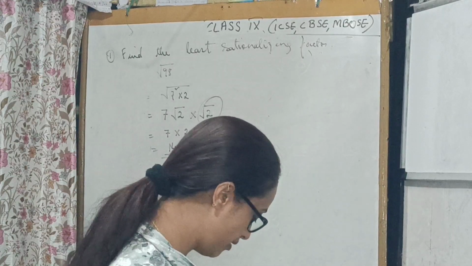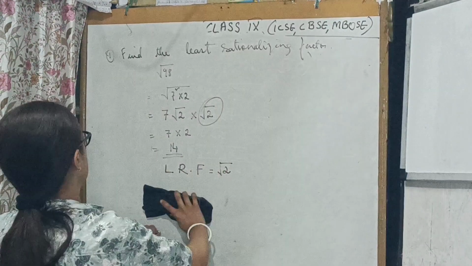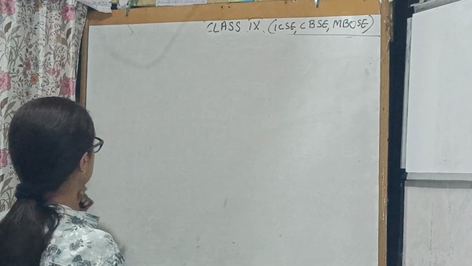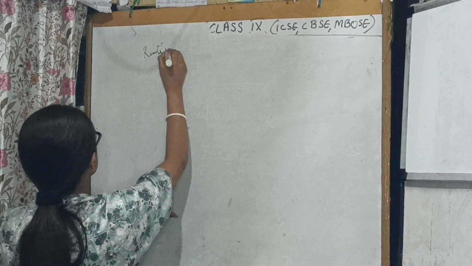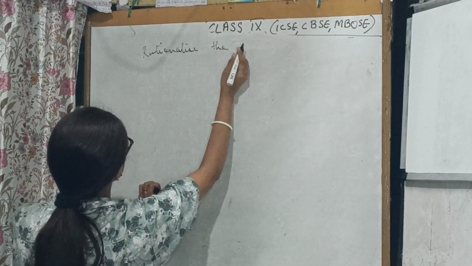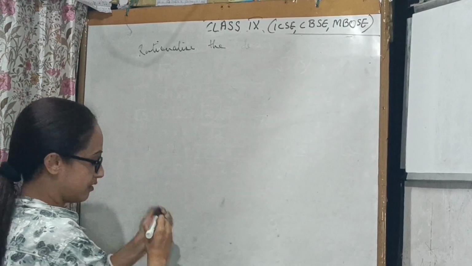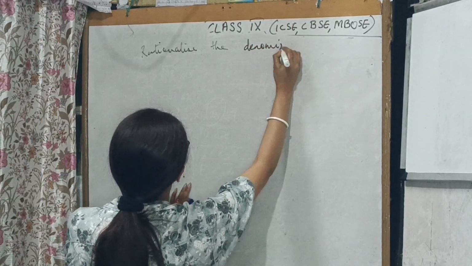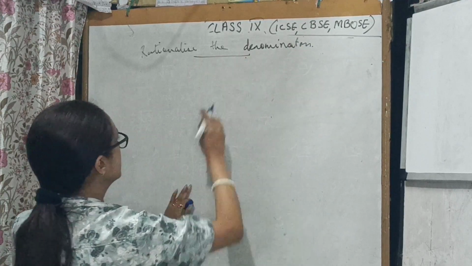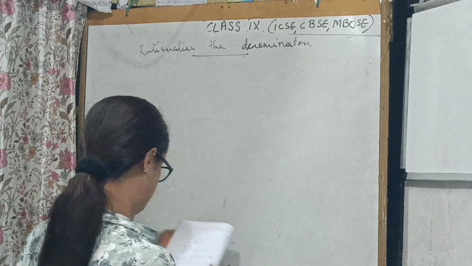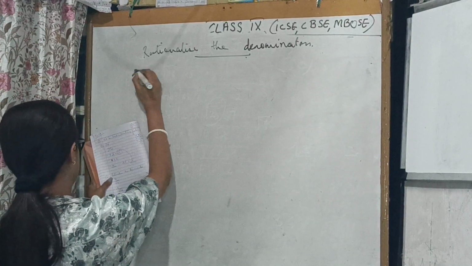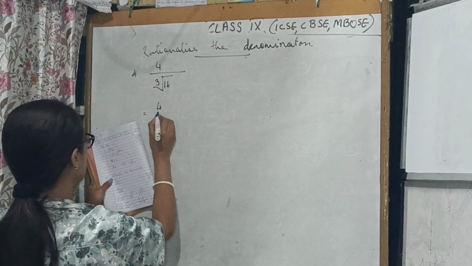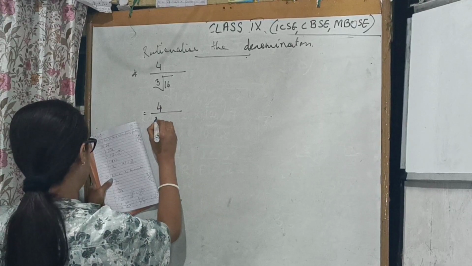Now rationalizing the denominator. Four by third root of 16. 4 by third root.